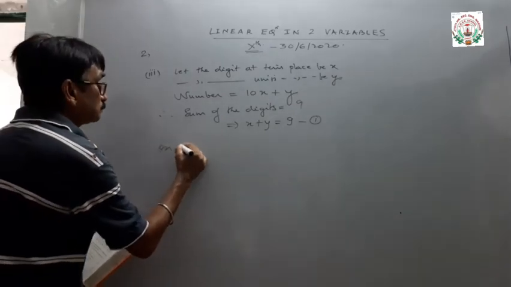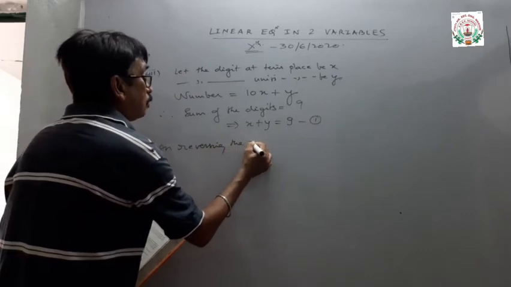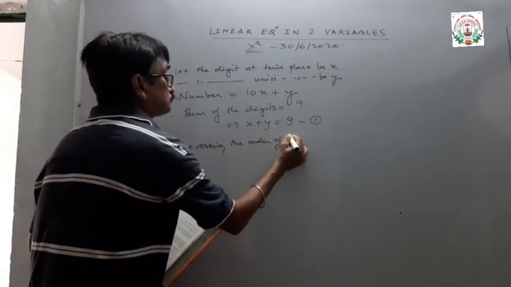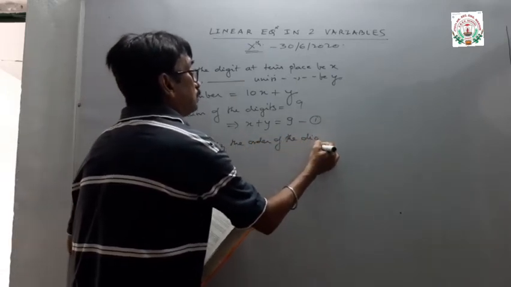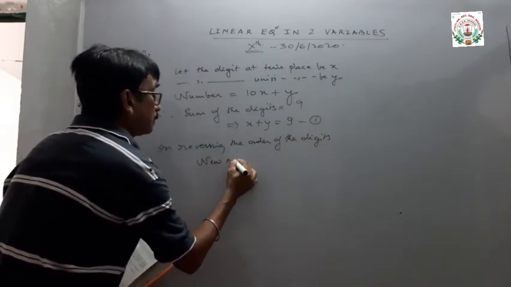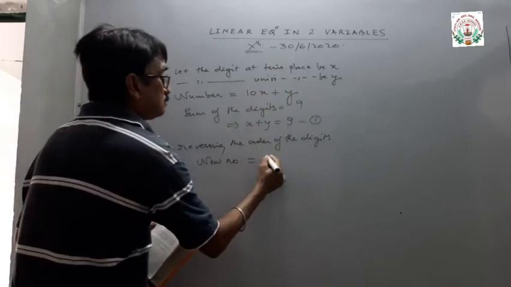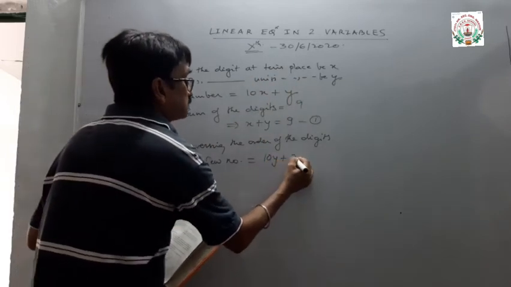On reversing the order of the digits, the new number will be y comes here, x goes here, 10y plus x.